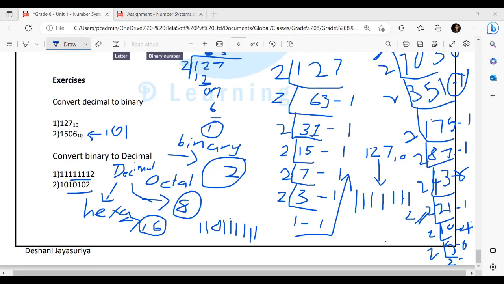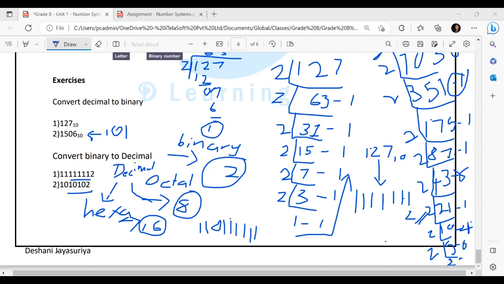Right. So this one and so always you have to get the values like this.